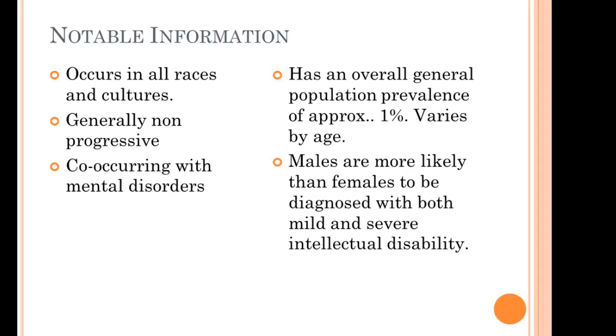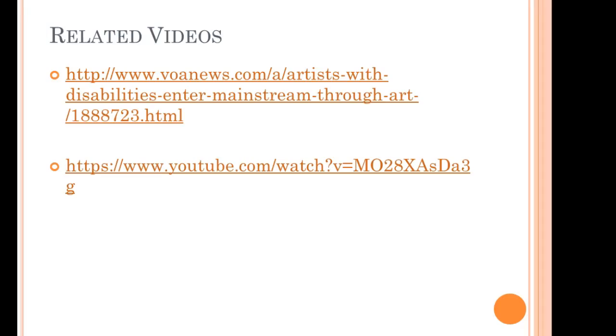People who are diagnosed with intellectual disabilities usually also have co-occurring mental disorders. Intellectual disability has an overall general population prevalence of approximately 1%, and the prevalence usually varies by age. Males are more likely than females to be diagnosed with mild and severe intellectual disability.